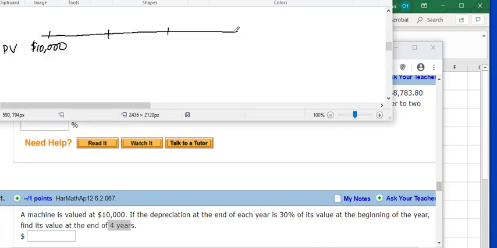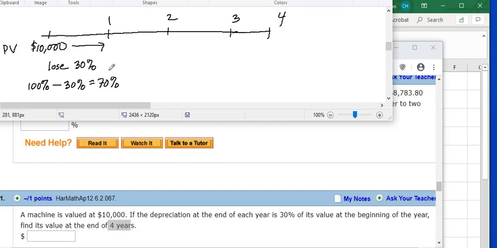So my mind sees this. In the first year, it's going to lose 30%. So that means its value will be 100% of the beginning value, but take away 30%. If it loses 30%, it's going to keep 70%.